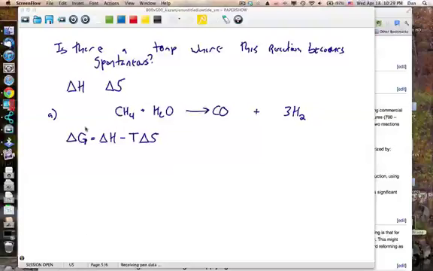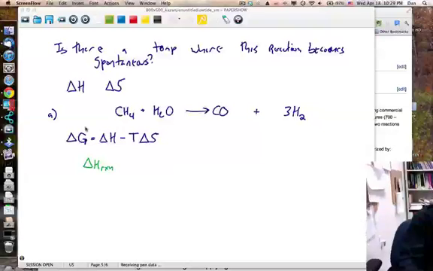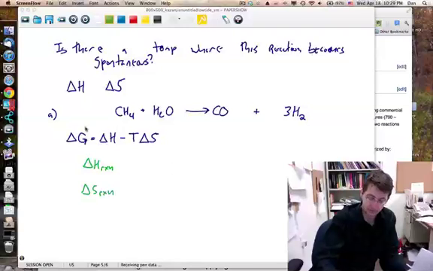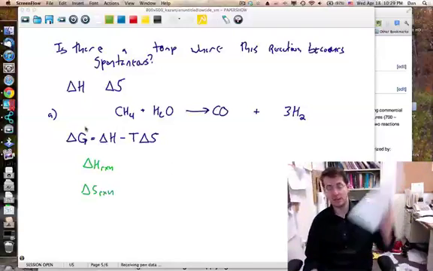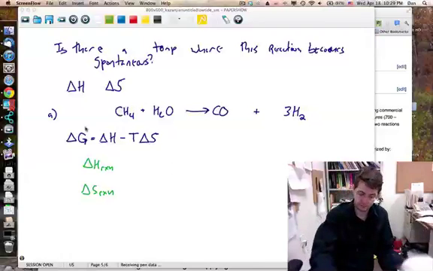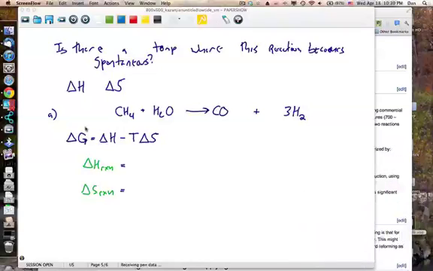For this, we need to know the delta H of the reaction and the delta S of the reaction. Again, our tables. You should be able to calculate the enthalpy change in the reaction and the entropy change using your tables. I'll let you go to it.